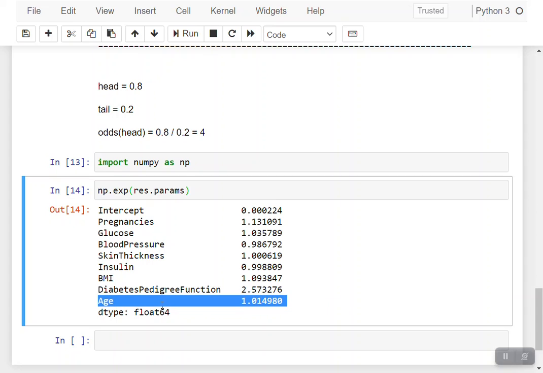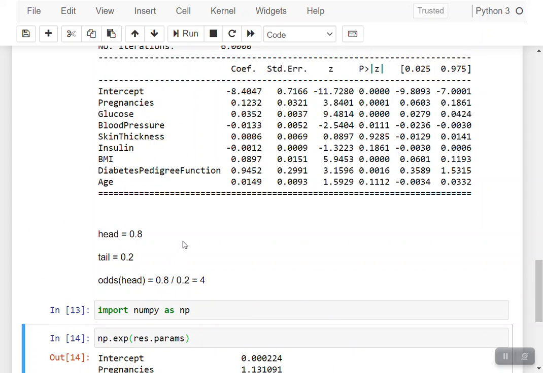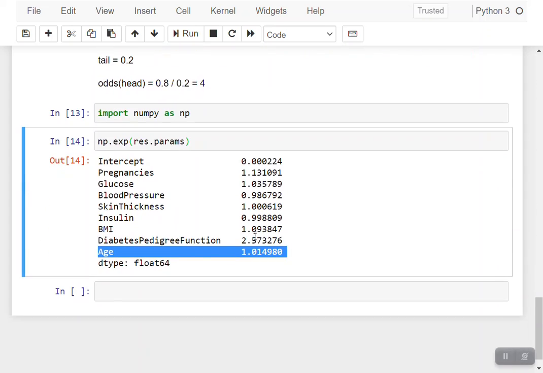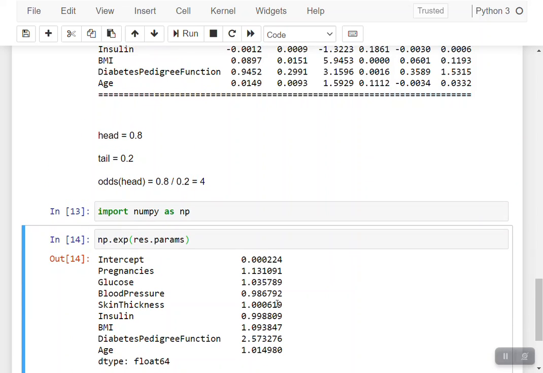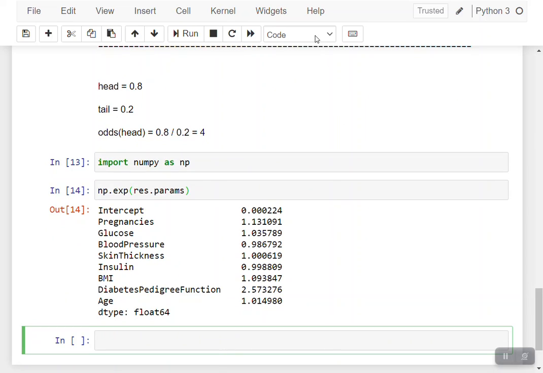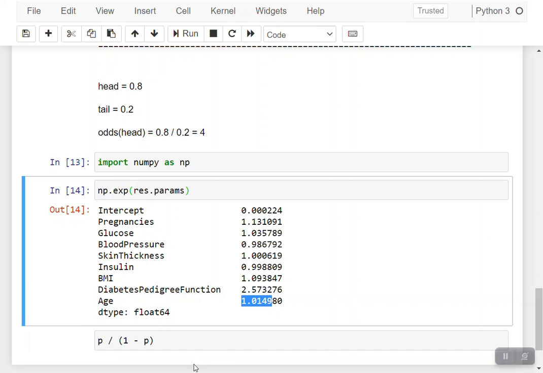If you take a look at age, each increase in age results in a slight increase in the odds ratio, right? So with age, you are more likely to become diabetic, but it's not that big a change. You can run the numbers here. You can say, for example, p over 1 minus p equals 1.01, right?